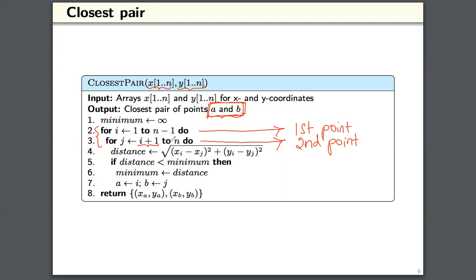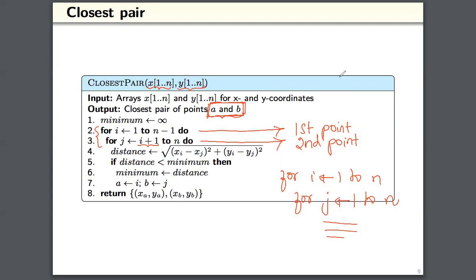Good. See, one can write a for loop like this: I is equal to 1 to n, then for loop J is equal to 1 to n, and apply the logic. This also works, but this is slightly better.